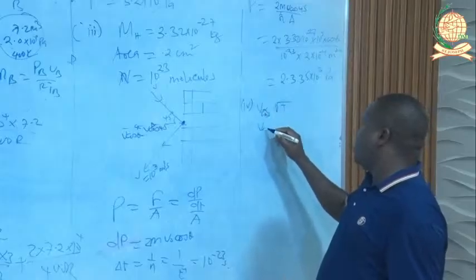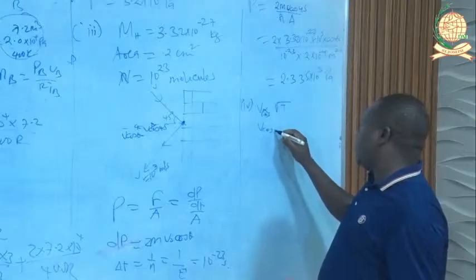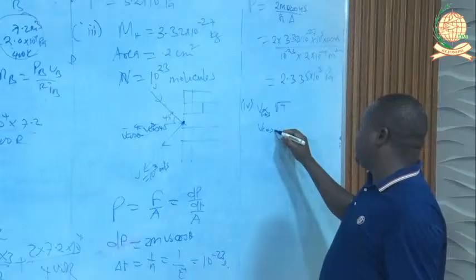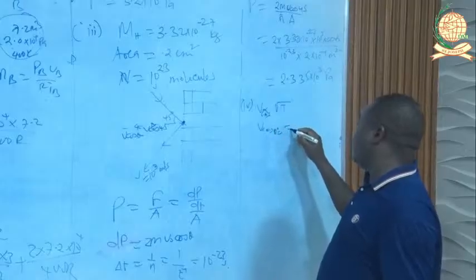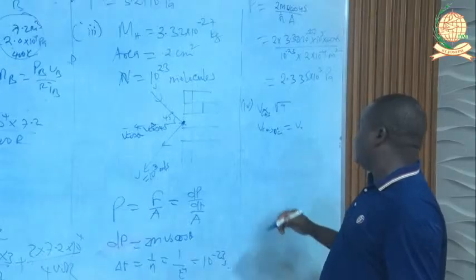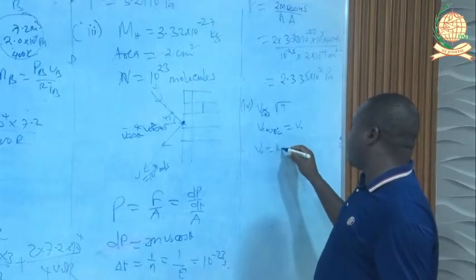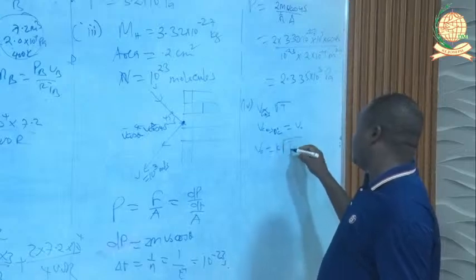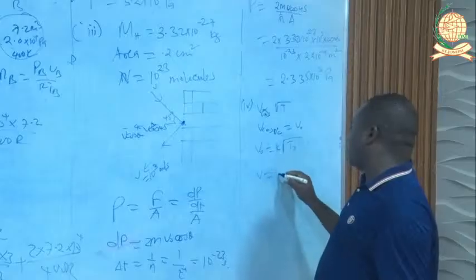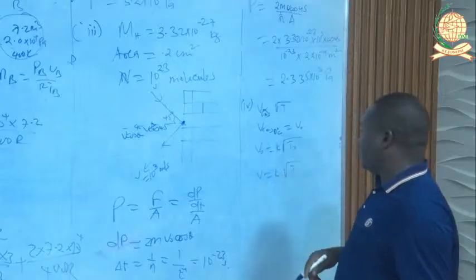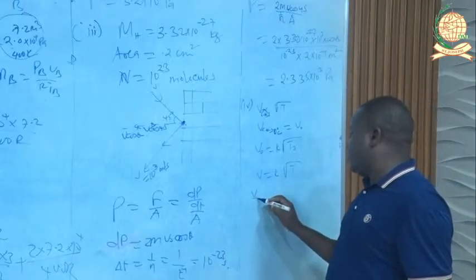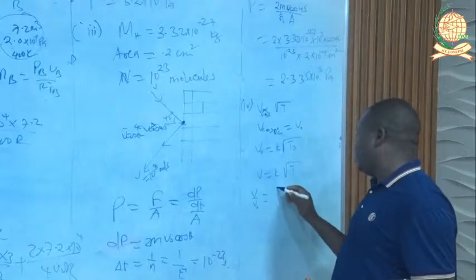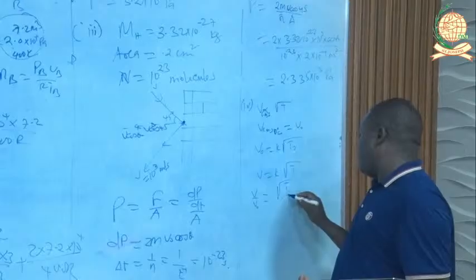So the velocity root mean square at STP, or at 0 centigrade, if I call it V0, then V0 equals K under root of T0, and V equals K under root of T. So taking the ratio, V over V0 equals the square root of T over T0.